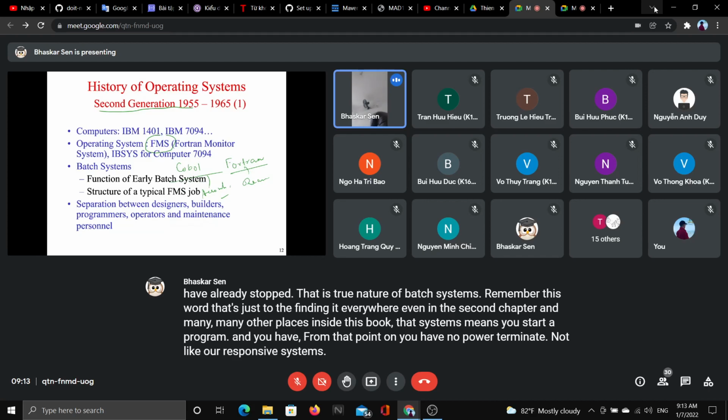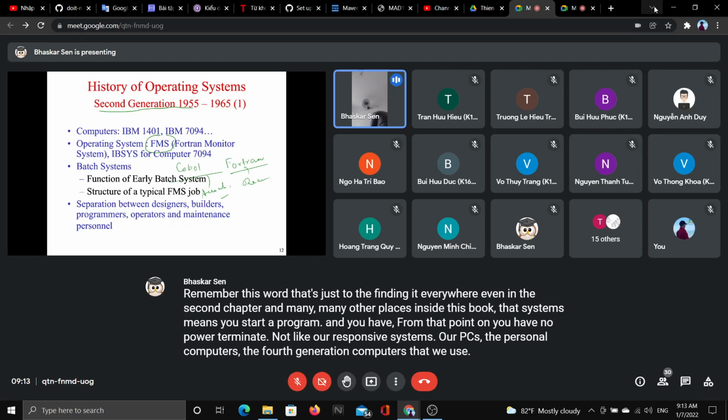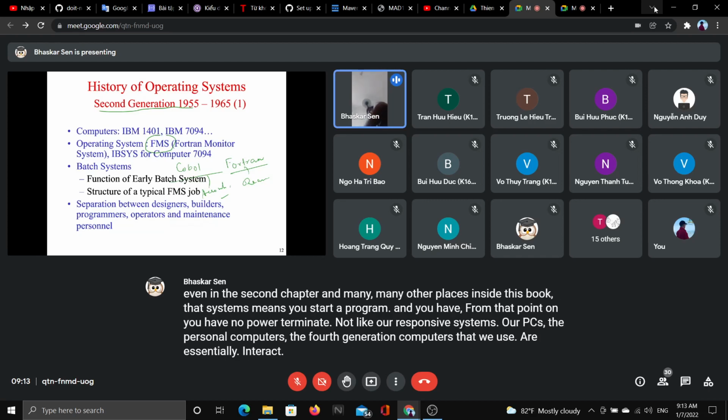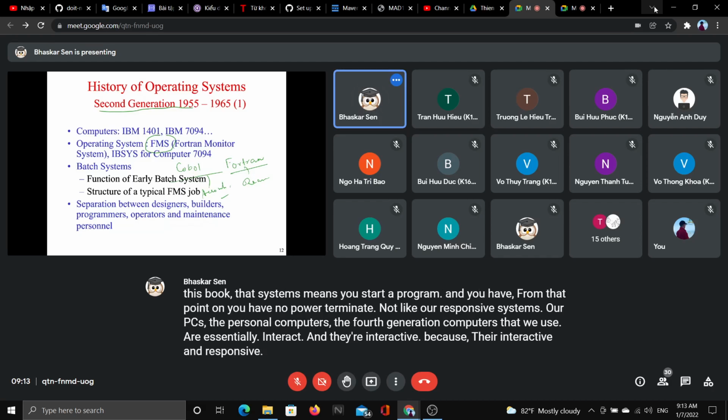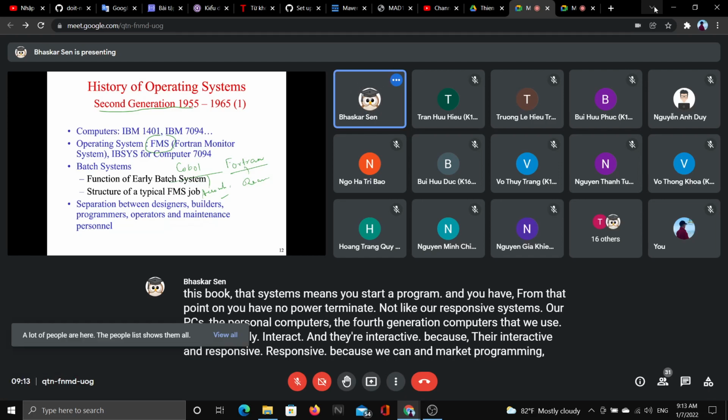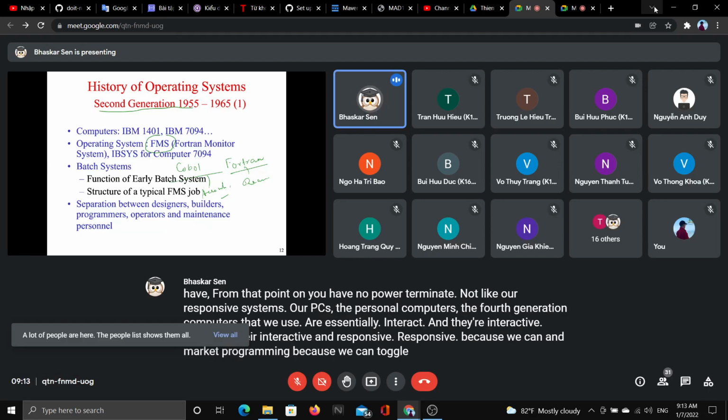Our PCs, the personal computers, the fourth generation computers that we use, are essentially interactive. And they're interactive and responsive because we can toggle from one program to another, and that is multi-programming.